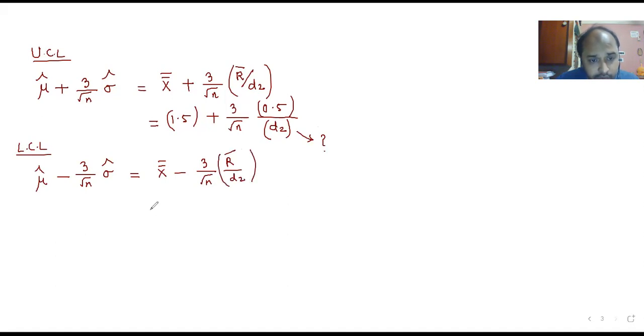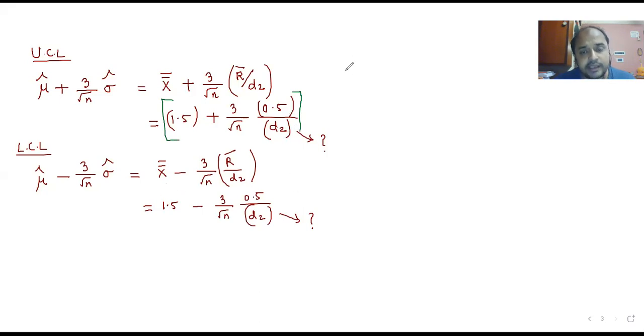So here also we can substitute 1.5 minus 3 by root n times 0.5, but a term D2 is there which we don't know. Once we know this D2, these particular limits are known to me. Only thing we have to know is what D2 is.